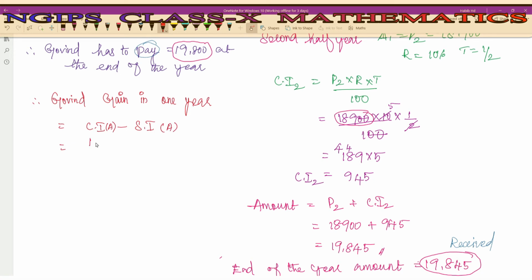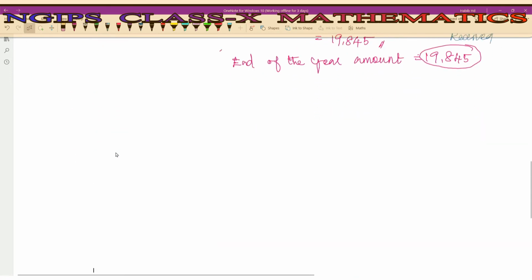So the compound interest amount is 19,845 rupees minus 19,800, so the gaining amount is 45 rupees. So this is the amount he has gained. Next we will move to the next question.